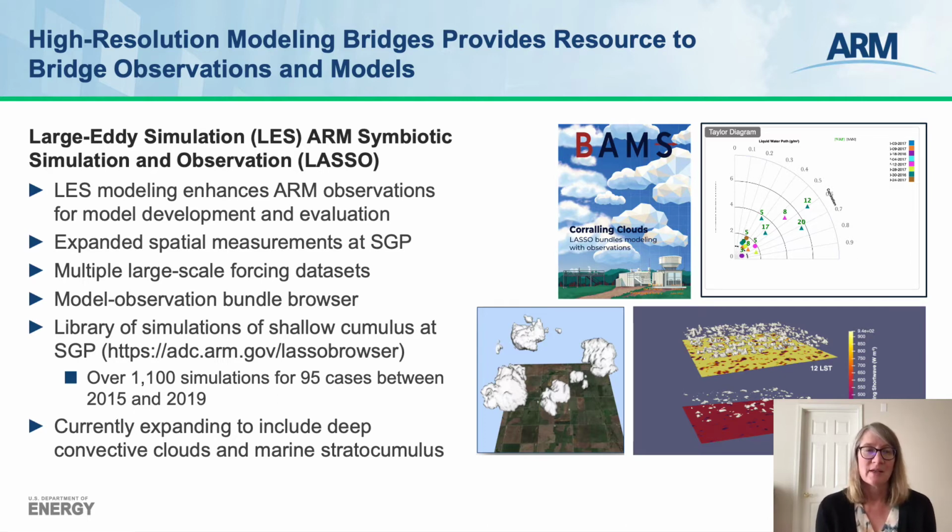To support this activity, ARM has expanded its spatial measurements to create multiple large-scale forcing and model evaluation datasets, which are distributed through our model observation data bundles. There are currently over 1,000 simulations for 95 shallow cumulus cases between 2015 and 2019.